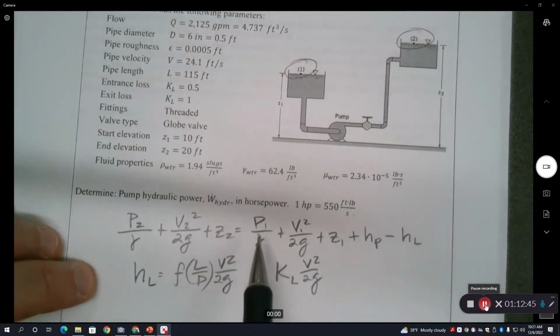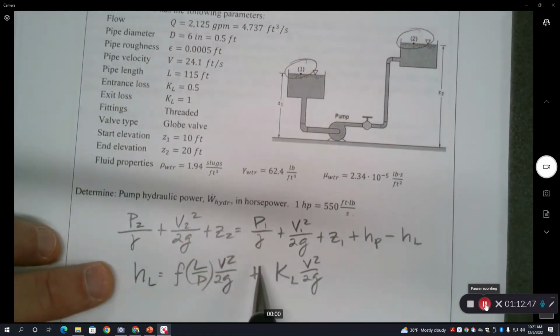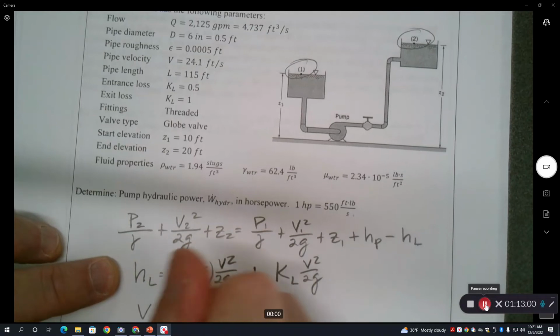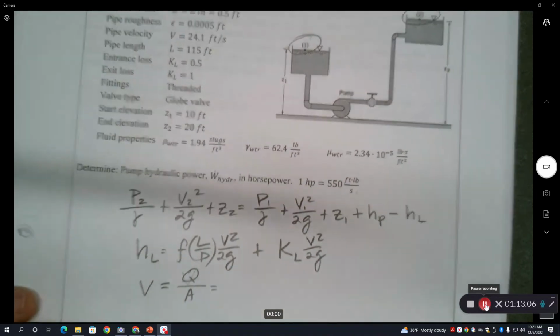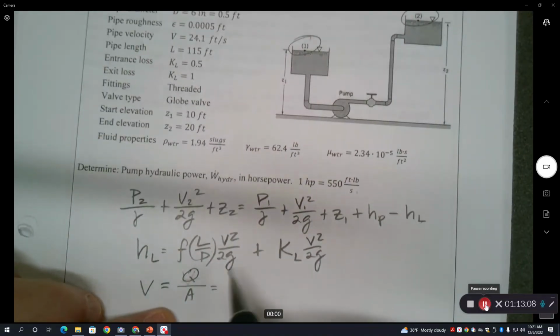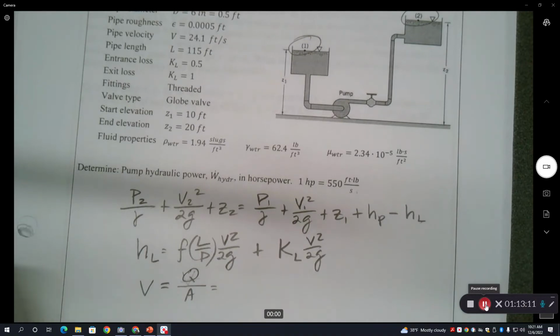If we don't know the velocity, that's probably the first thing we should try to find, and that's going to require Q. I wrote it as Q in here, so I'll keep it as Q. I tried to make that transition this semester. I don't think we need the area in any other place, so I don't need to calculate it out specifically.